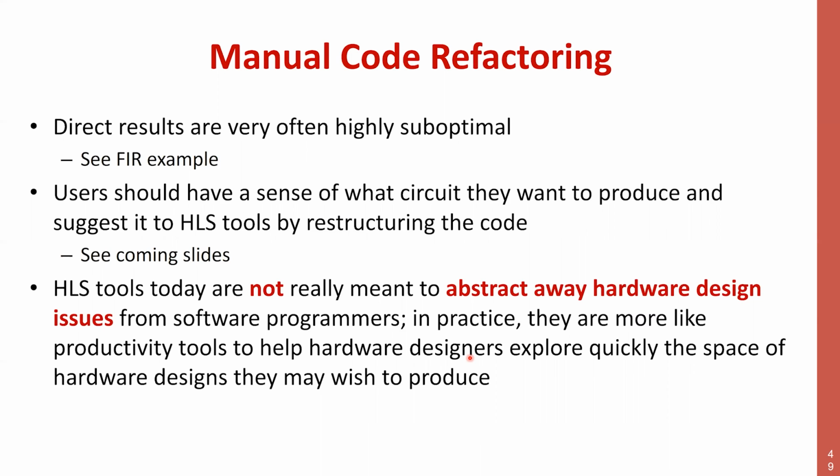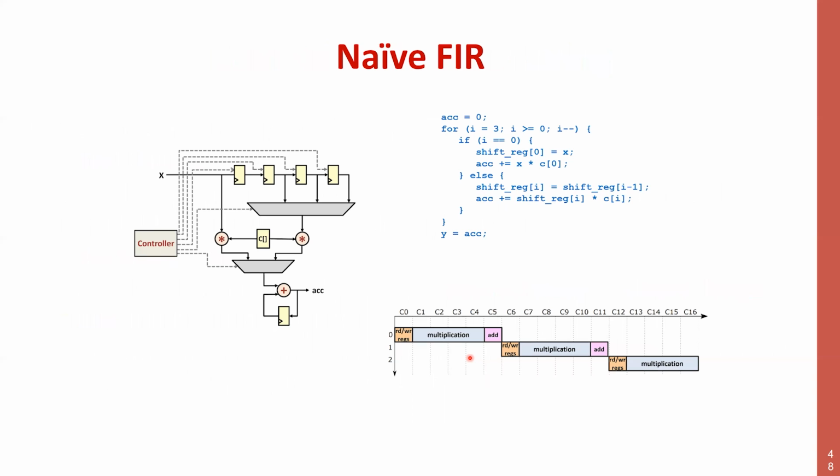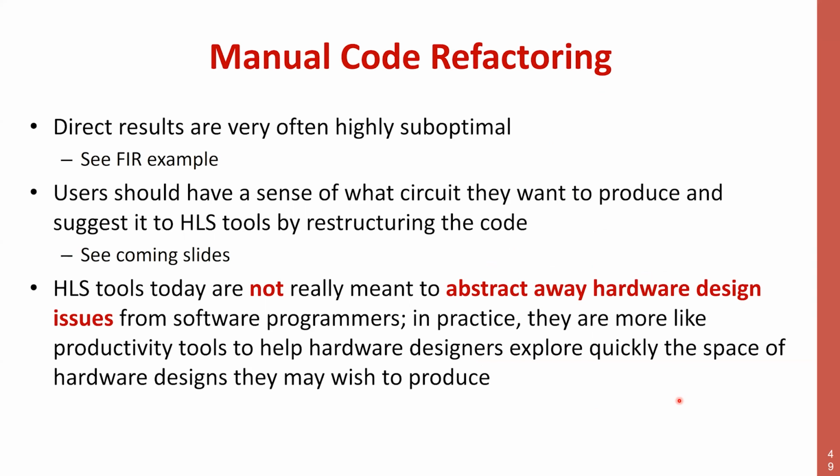And this is one of the problems: you have HLS tools today that are still absolutely unable to abstract away hardware. In fact, what you need to do if you want to write C and get hardware is put C in, look at the schedule, say, oh my God, this is doing this type of hardware, which is a mistake. I know that I want a different type of hardware. Let me rewrite this in such a way that I get the hardware that I know is possible. So it's not something that helps software programmers.